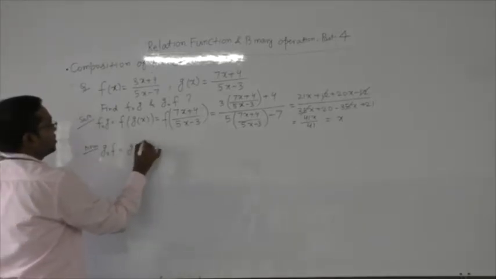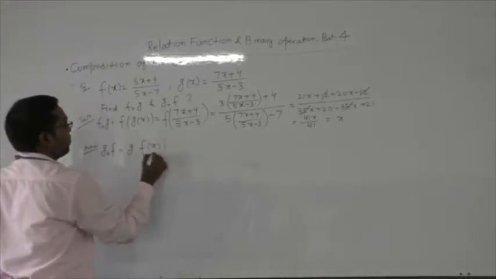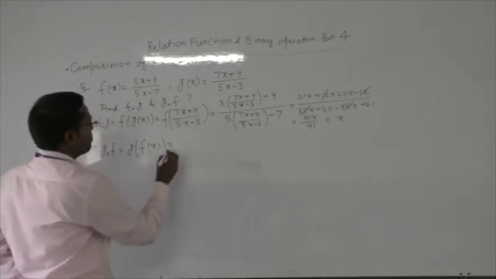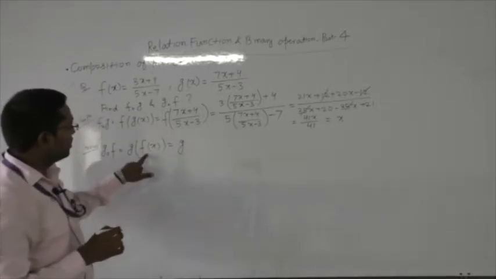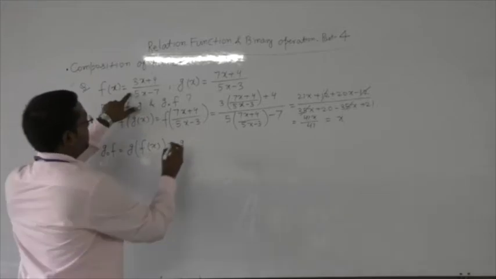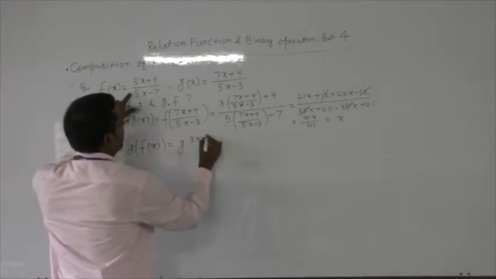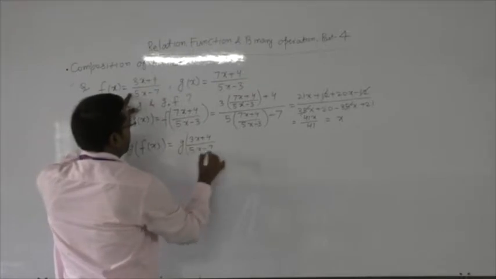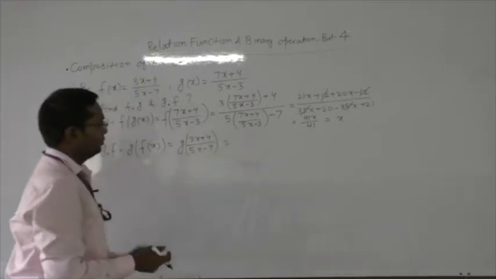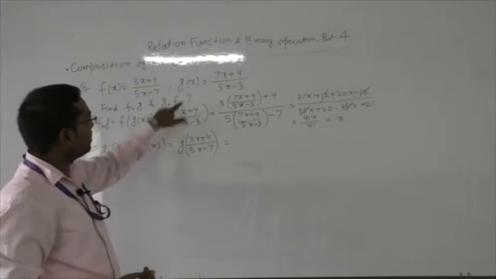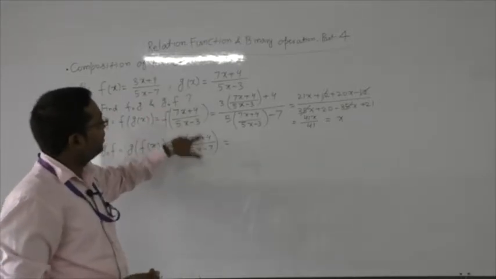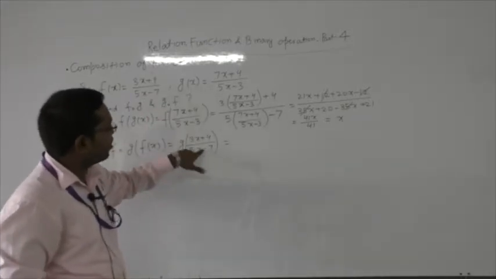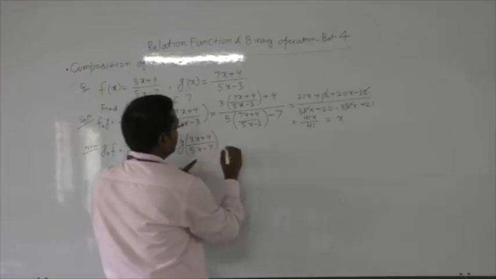Now gof is equal to g of f(x). Now see, g of, put the value of f(x). f(x) is this one, (3x plus 4) by (5x minus 7). Now we have to find g of this factor, so replace x by this whole. So what we will get?